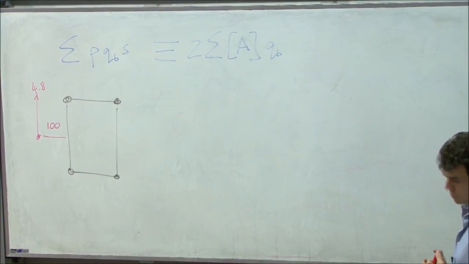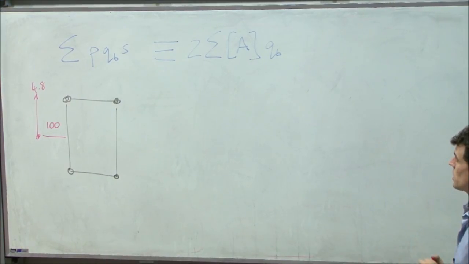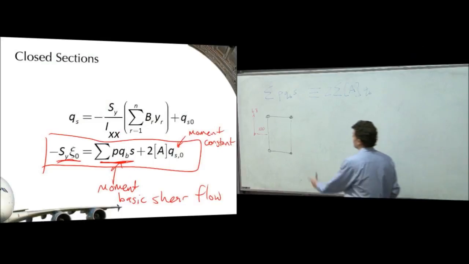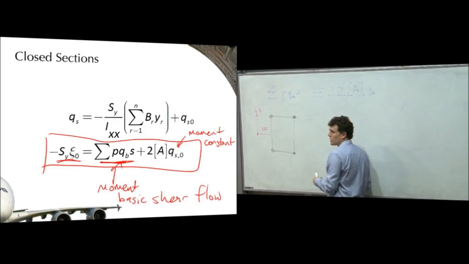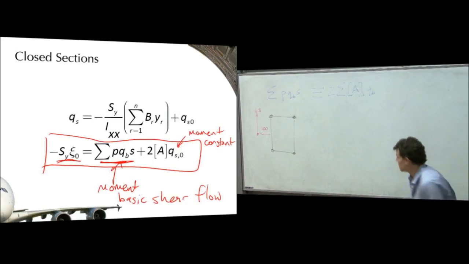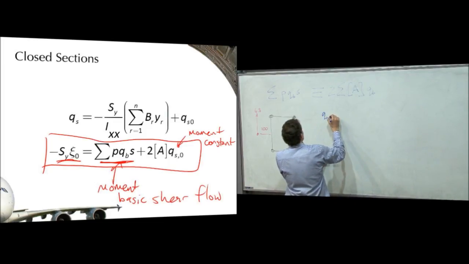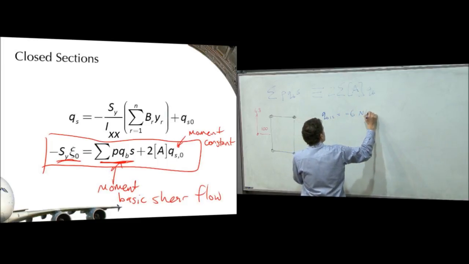Okay, so let's go through and work out what our shear flows are in this case. Now the first step, as I said before, we make our virtual cut and we calculate our QBs, and luckily we've already calculated those, so we don't need to redo them. QB 1,2 was minus 6 newtons per millimetre.